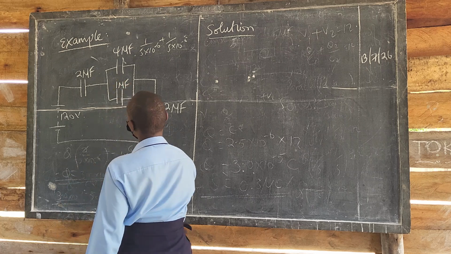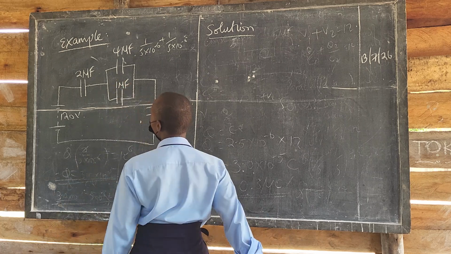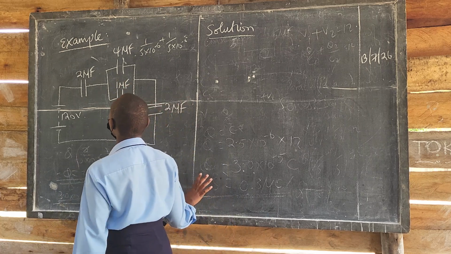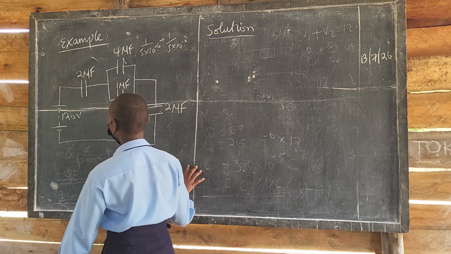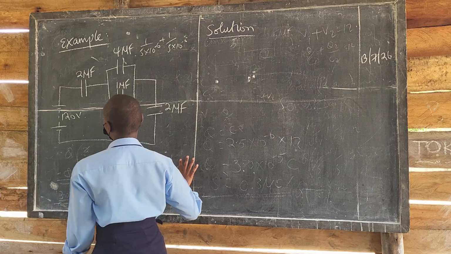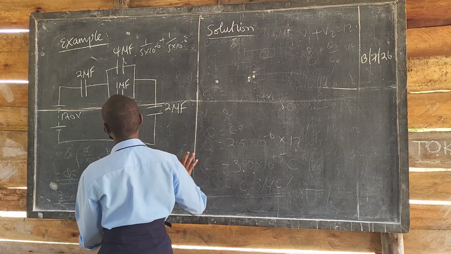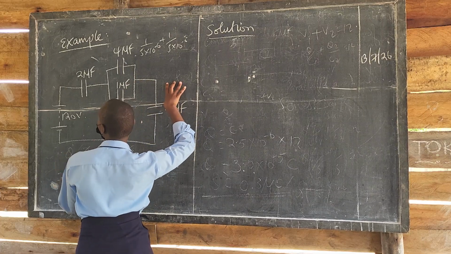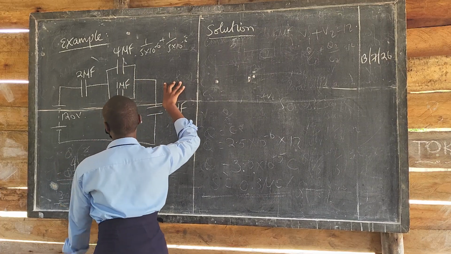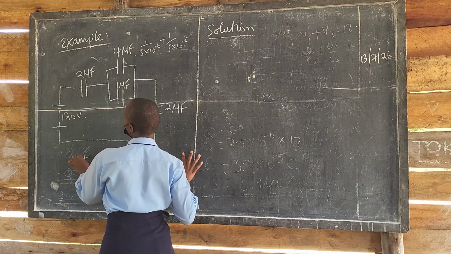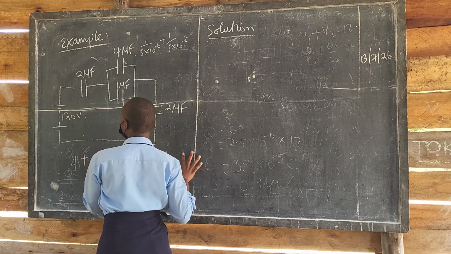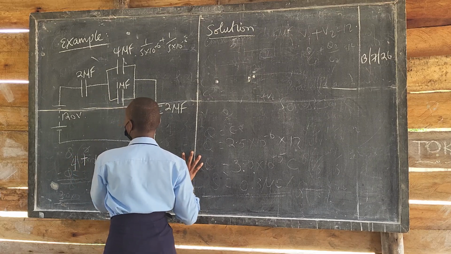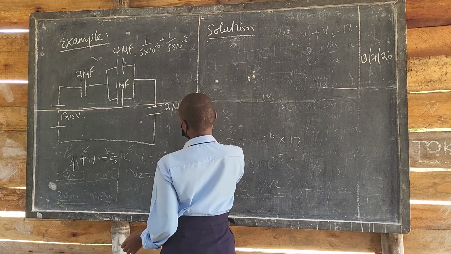And from here we have the capacitors arranged in parallel. Then here we have it in series. Here we shall get 4 plus this one, then we make 5.